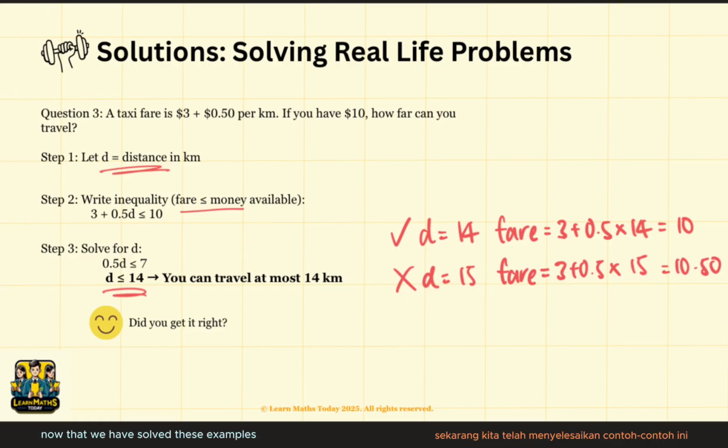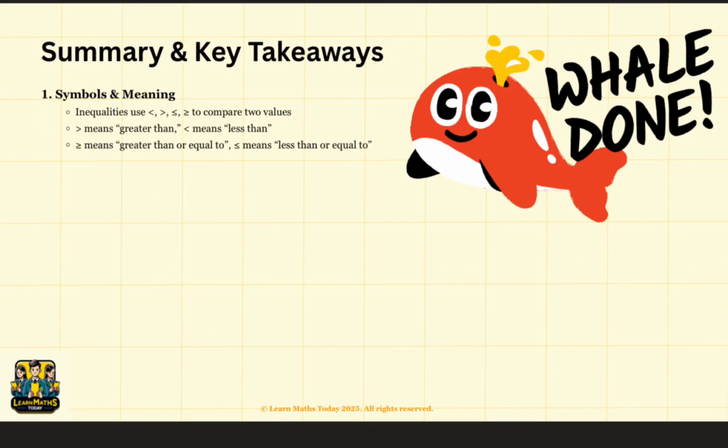Now that we have solved these examples, let's summarize the key takeaways from today's lesson. Symbols and meaning. Inequalities use 4 different signs to compare two values. Remember, these symbols tell us ranges of possible solutions, not exact values like equations.